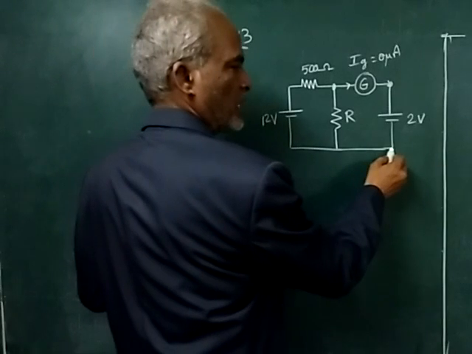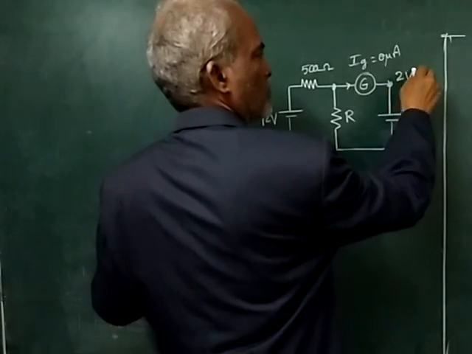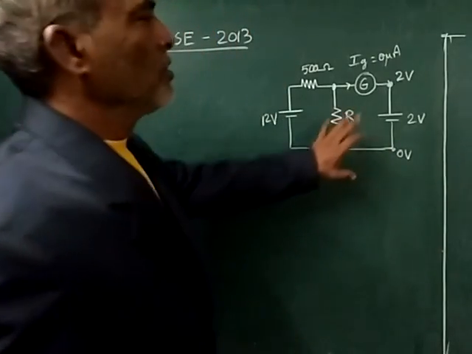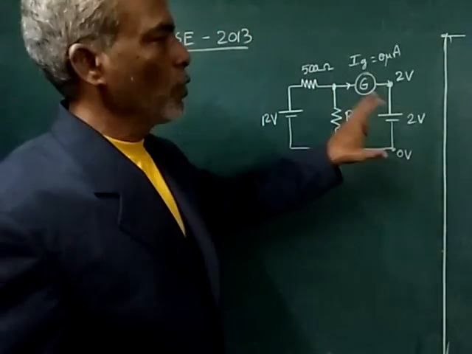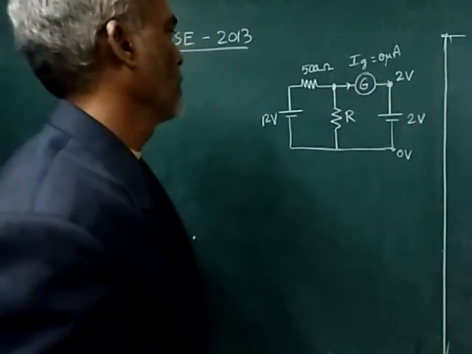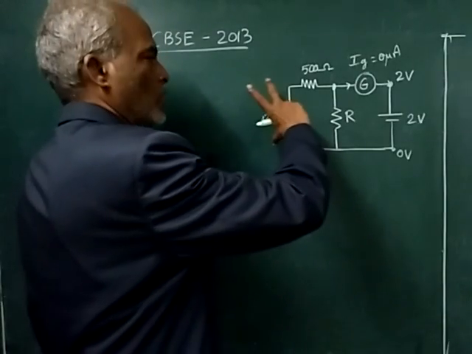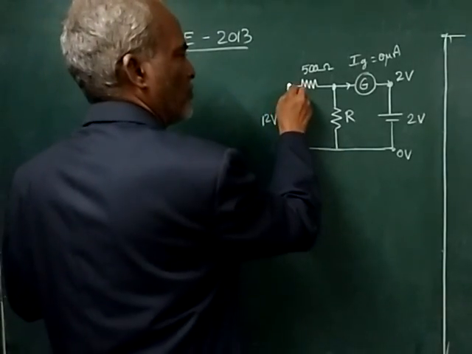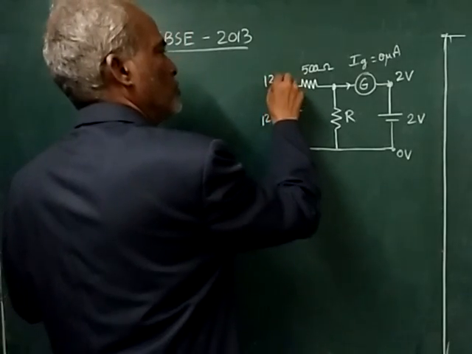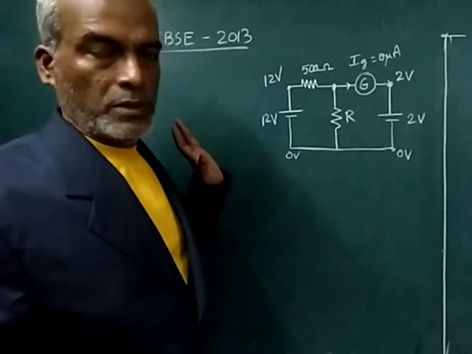We know that with respect to this reference point, this is 2 volts. Say this is 0 volts. So if you connect a voltmeter across this voltage source, it will show you 2 volts. Now if you connect a voltmeter across this 12 volts, with reference to this point, it will show you 12 volts.